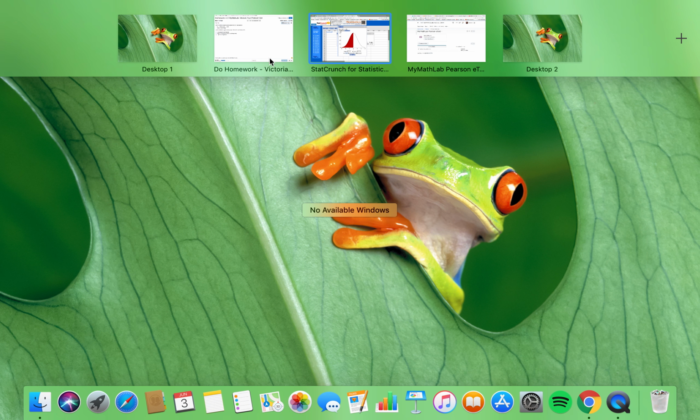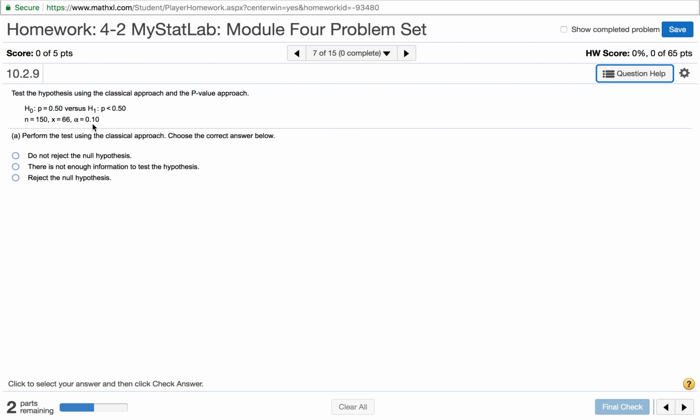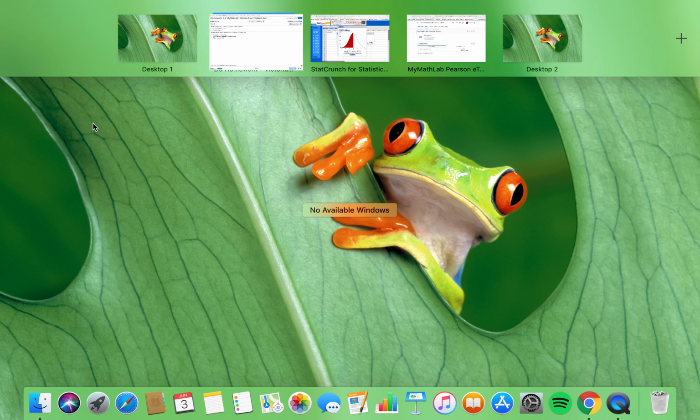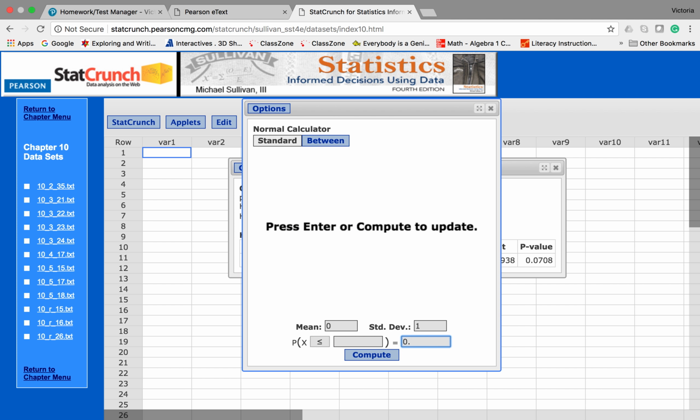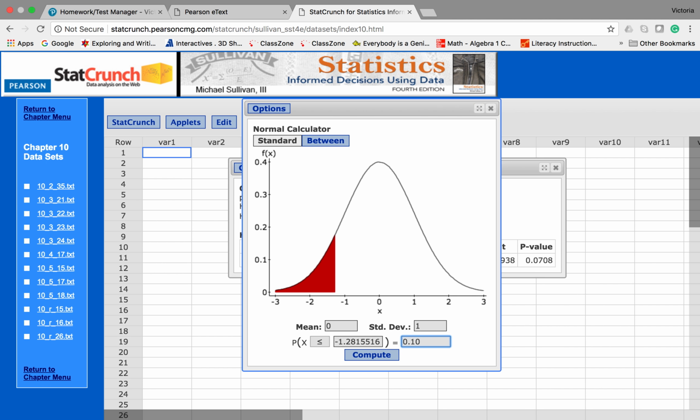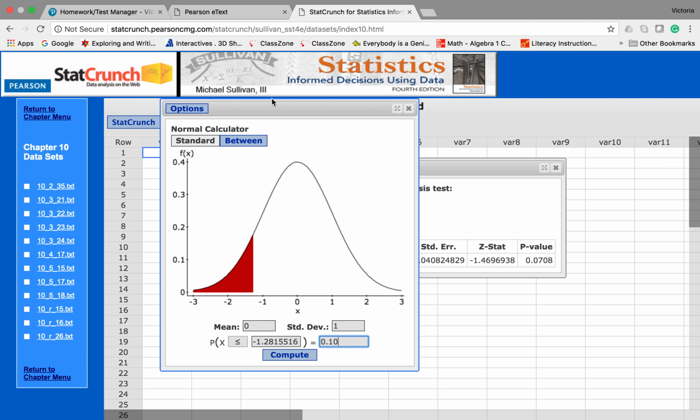Let me just go back here. I don't mean to make you dizzy. My alpha here is 0.10. So going back, I want my area here to be 0.10. And therefore, the value that's going to bound my rejection region is negative 1.28. That means this value right here that determines whether I'm in the rejection region or not is negative 1.28. Then I'm going to take a look at my z-score that I had.